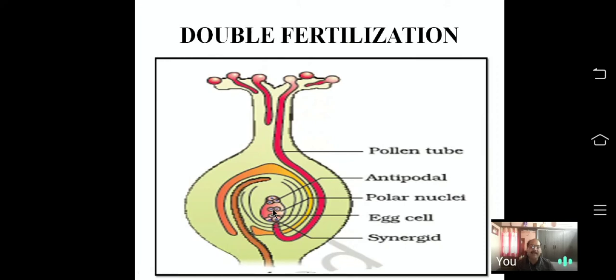So it develops endosperm, which is the nourishing tissue for embryogenesis. After fertilization, the 3 antipodals and 2 synergids, all these 5 cells, degenerate. Only the zygote develops into an embryo, and this PEN, primary endosperm nucleus, provides food to the embryo.